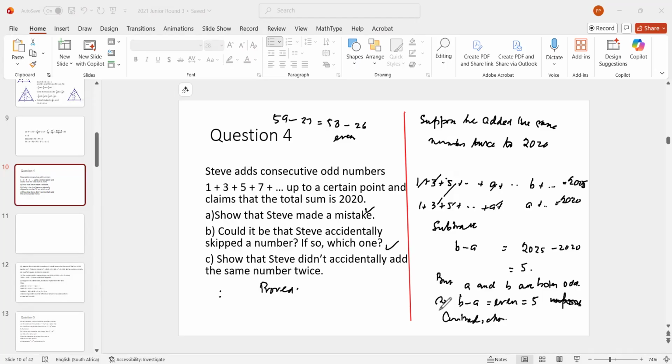So therefore, he didn't accidentally add the same number twice. If he did, it's a contradiction. So therefore, he didn't. Okay, let's prove by contradiction. Very often, that proof is used. Okay, let's go on to the next question.